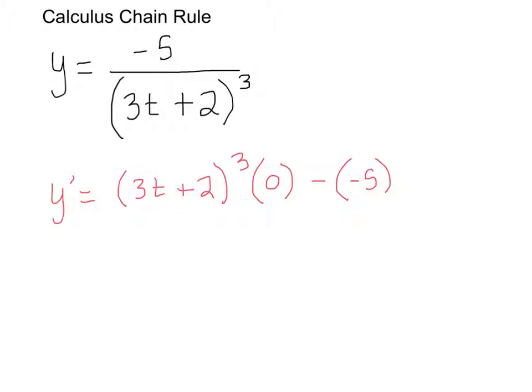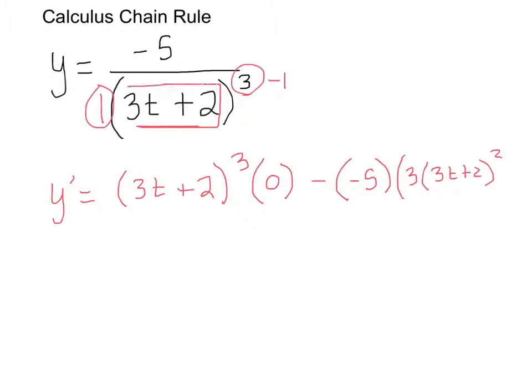So the derivative, there's understood to be a 1 in front, so 3 times 1 is 3. And then I don't change what's in the parentheses, 3t plus 2. I'm going to reduce the power by 1, and so it'll be squared. And then I need to multiply by the derivative of the inside.